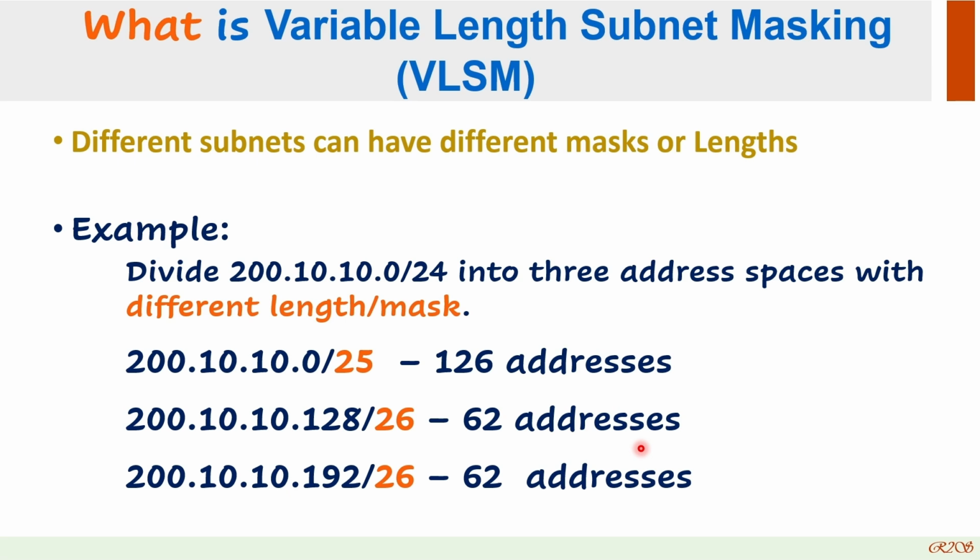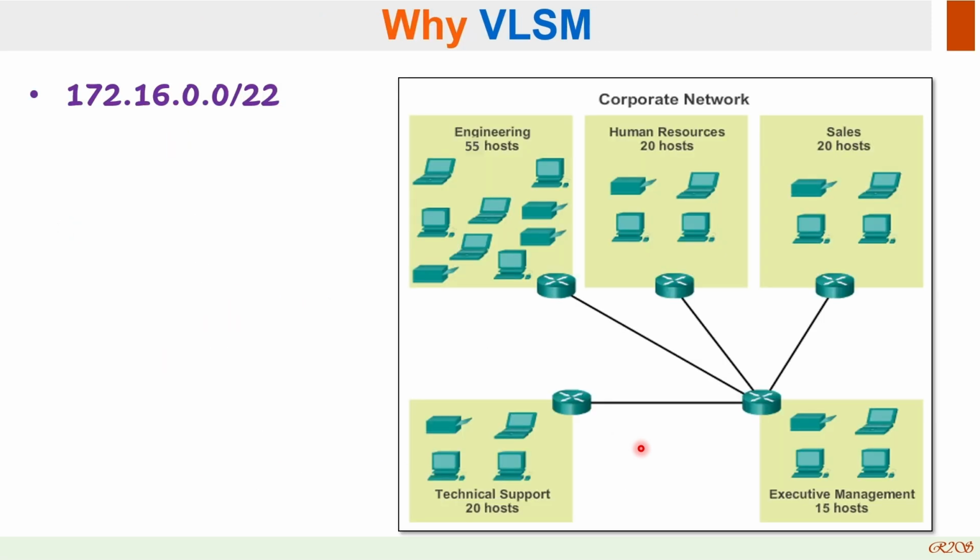So in VLSM we can have different subnetworks with different sizes. Now we know what VLSM is and the difference between equal size subnetting and variable length subnet masking.